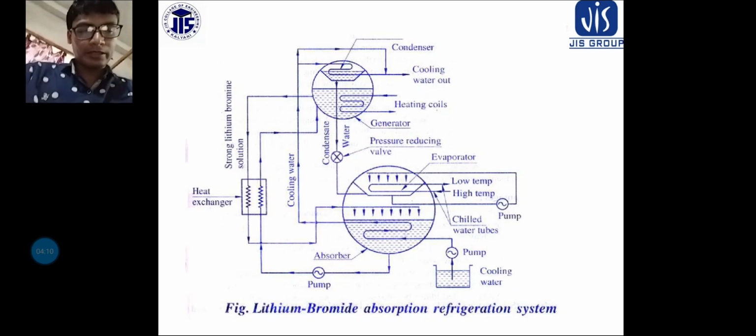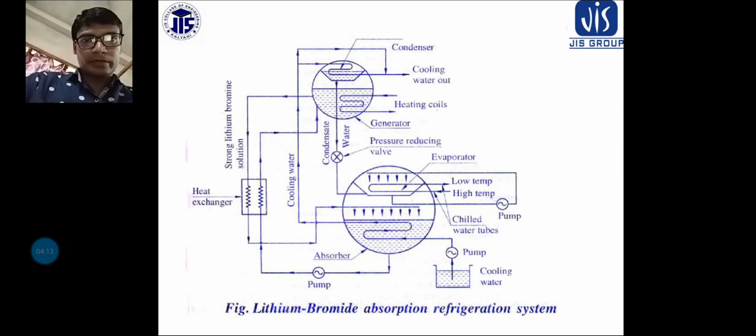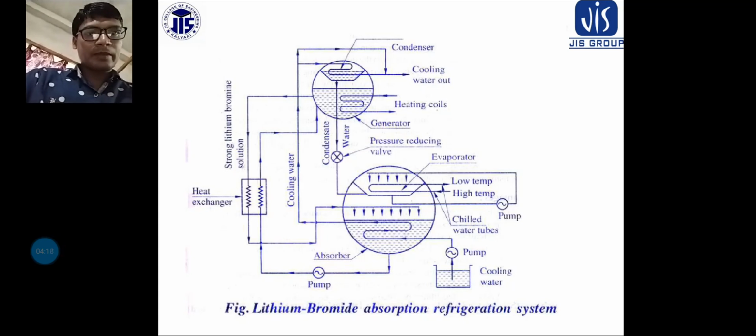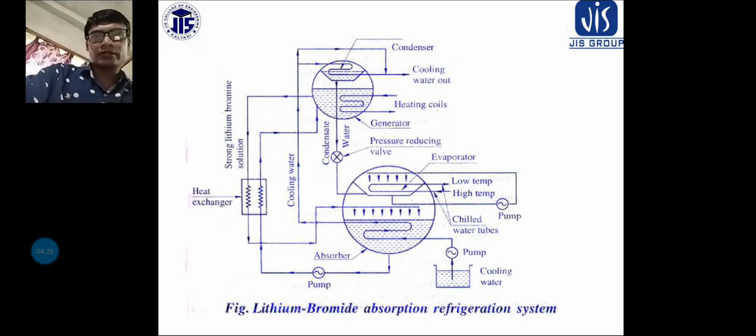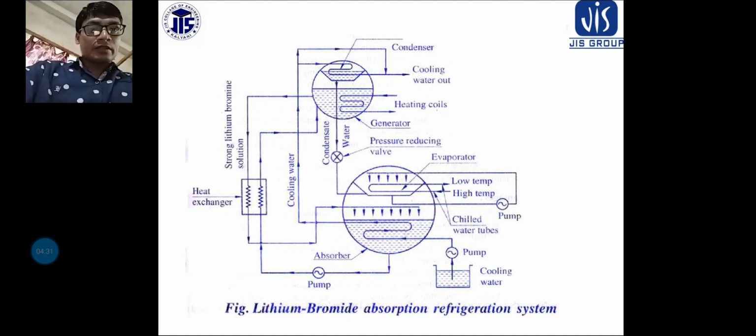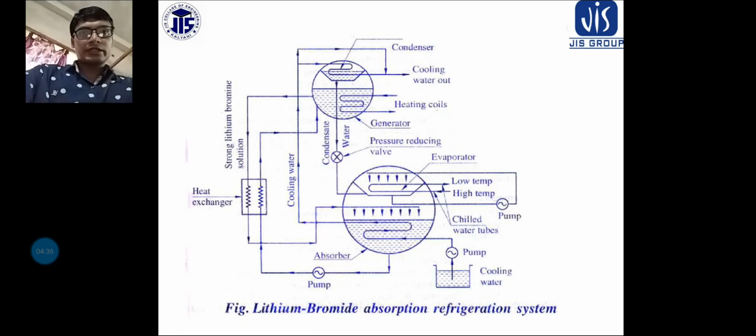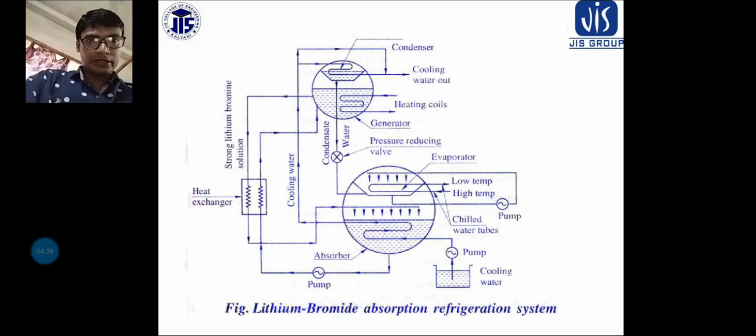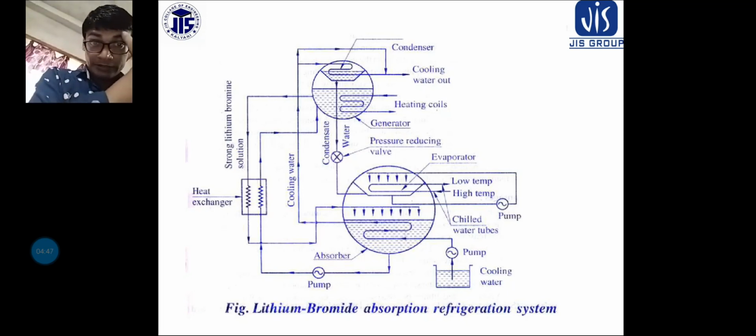Again from the evaporator, low pressure refrigerant vapor comes to the absorber. When it comes into contact with the absorber solution, the refrigerant is absorbed and the vapor is converted into liquid. This liquid solution is then pumped to the generator by the solution pump through the heat exchanger.